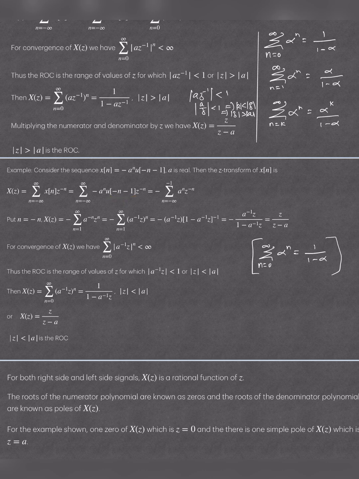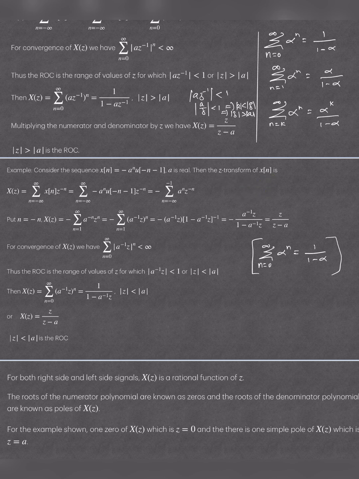Now you will be left with a power n into z power minus n here. Now again I'm just going to replace this n value with minus n. So what will happen here? Minus infinity becomes plus infinity for n. And when n is minus 1, this value becomes plus 1.